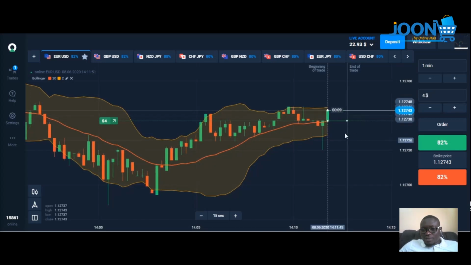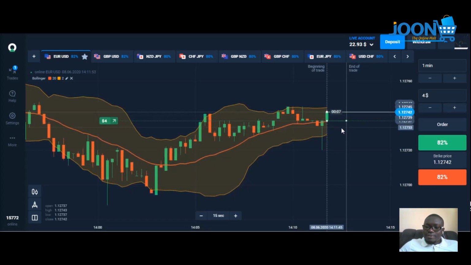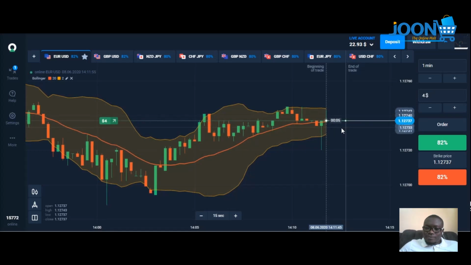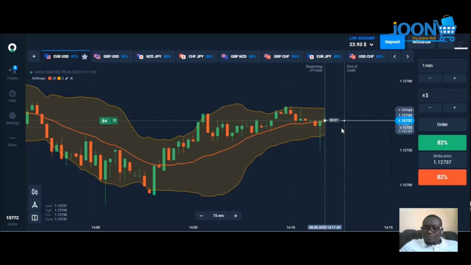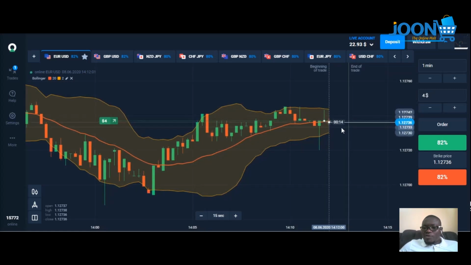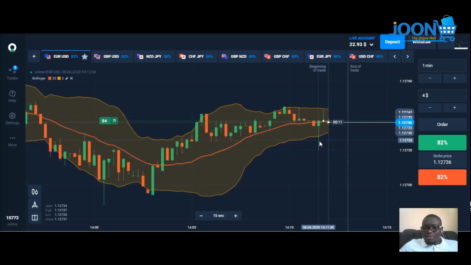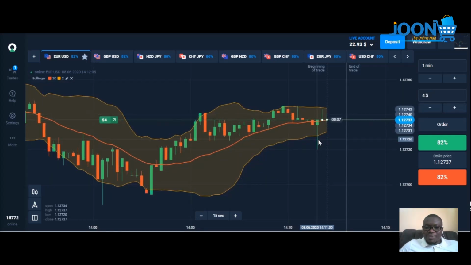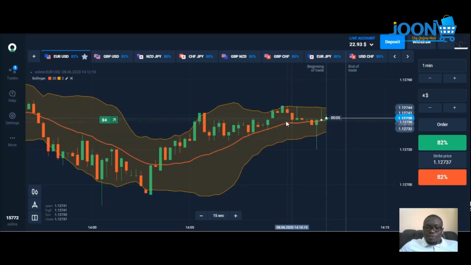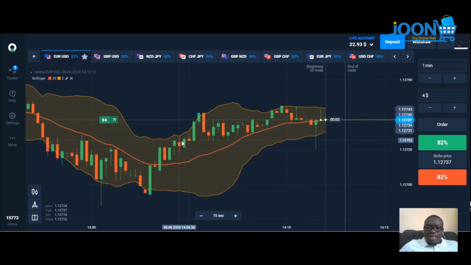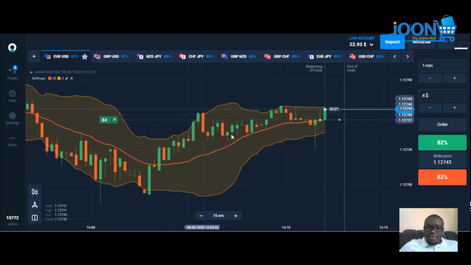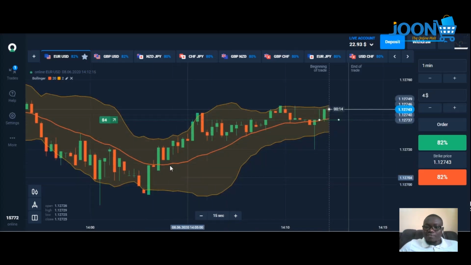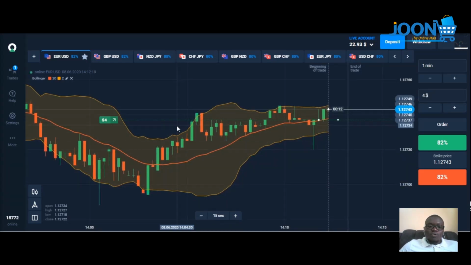Let's just wait for a minute. In 1 minute, we'll know if this was something to follow or if we made the wrong decision. But mostly you should trade when there is higher volatility. For example, here there was higher volatility, so it was a good spot to trade.